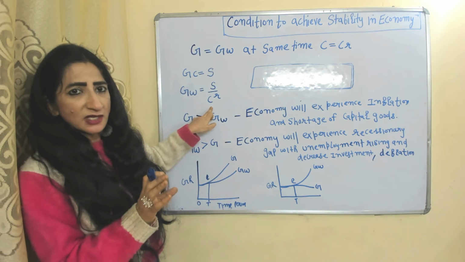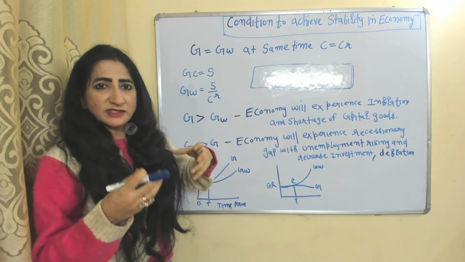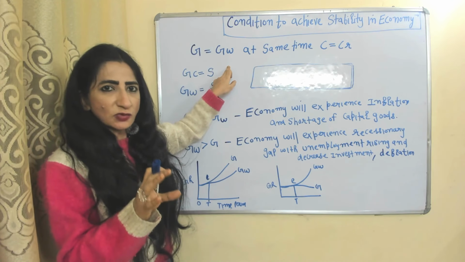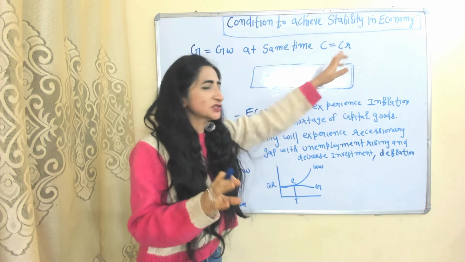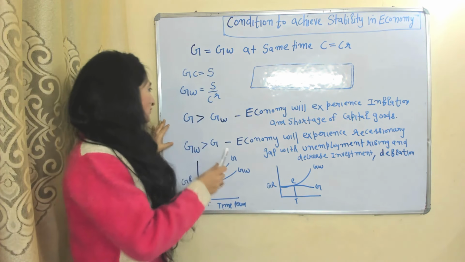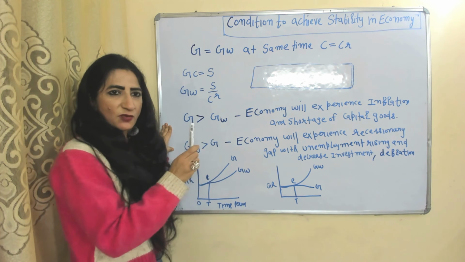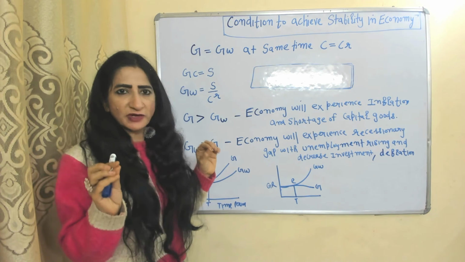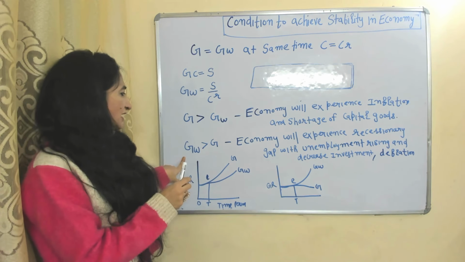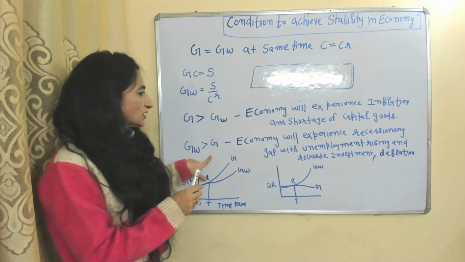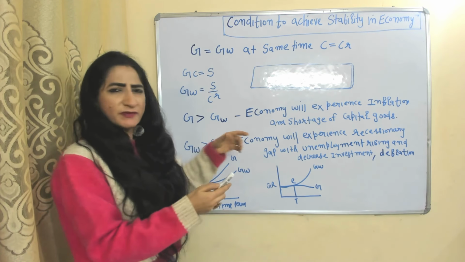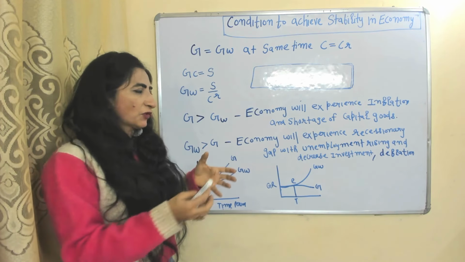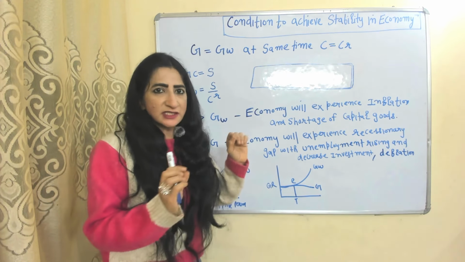If the actual growth rate is more than the warranted growth rate, then the economy will experience inflation and shortage of capital goods. On the other hand, if the warranted growth rate is more than the actual growth rate, then the economy will experience a recessionary gap with a high rate of unemployment, decreased investment, and increased deflation.